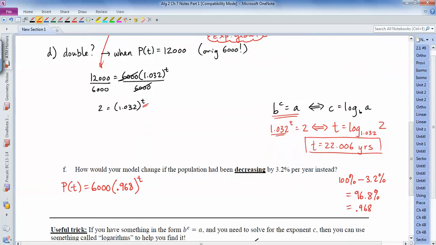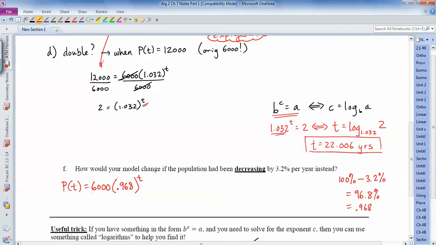And that's going to go to the t, depending on how many years I'm looking at. And if we were to graph this thing, well, I'm multiplying 6,000 by something less than 1 over and over again. So that's going to end up looking like I start at 6,000, and instead of going up exponentially, I'm going to go down exponentially like this. So that's going to be exponential decay.